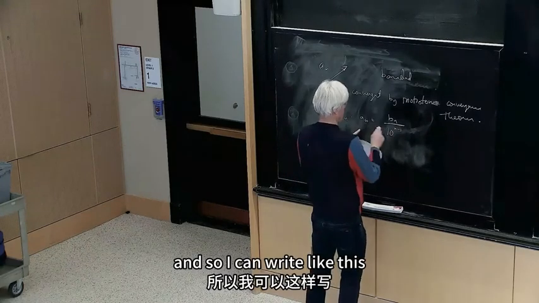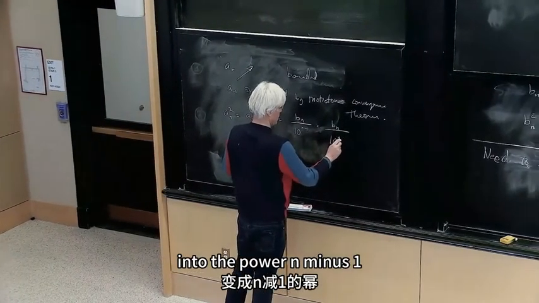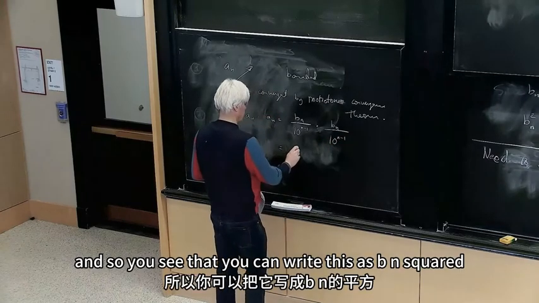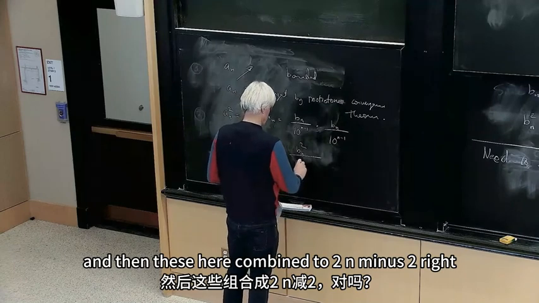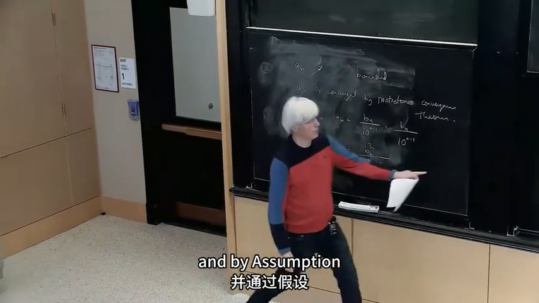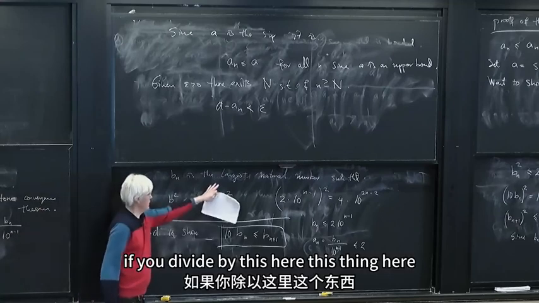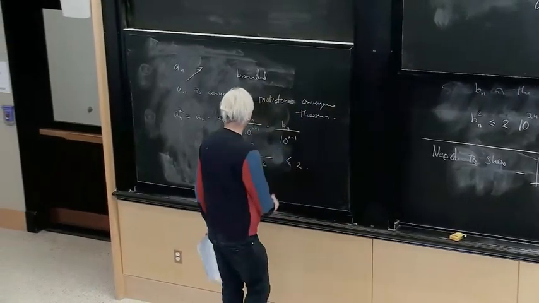And so I can write it like this, 10 to the power n minus 1. And so you see that you can write this as bn squared, and then these here combined to 2n minus 2, right? And by assumption, if you divide by this here, this thing here is less or equal to 2.